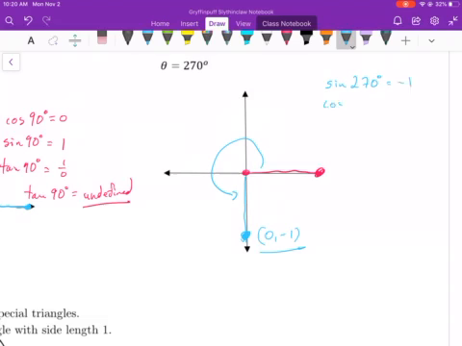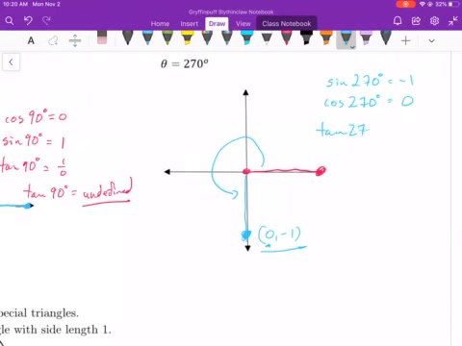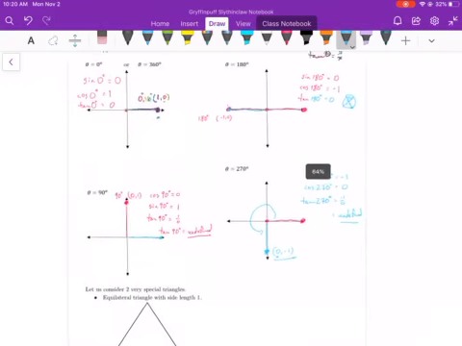The cosine of 270 degrees is the x-coordinate. The tangent of 270 degrees is y over x, or you could ask yourself, what is the slope of this blue line? And it is also undefined. Pretty nifty.